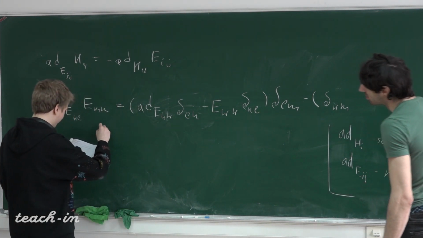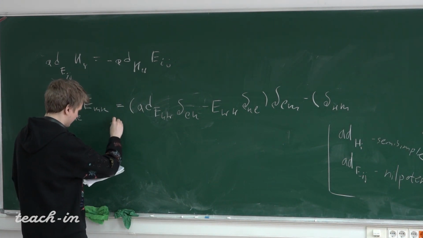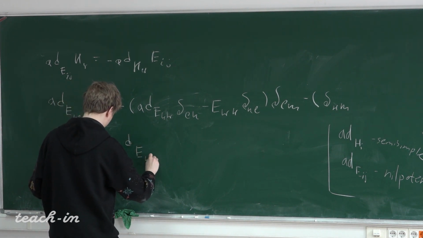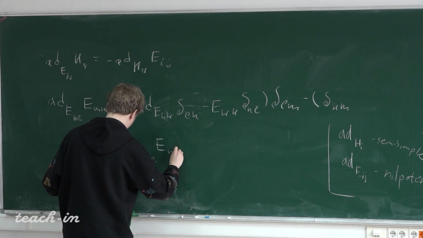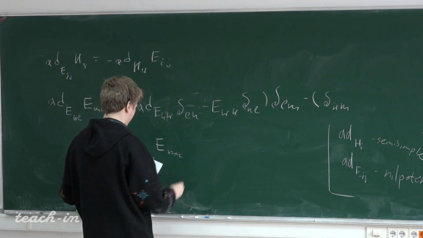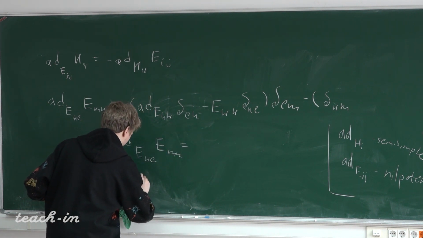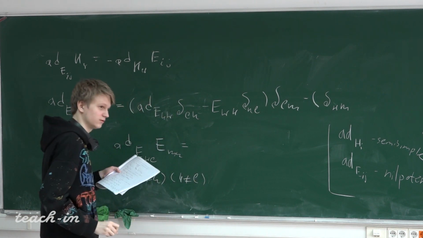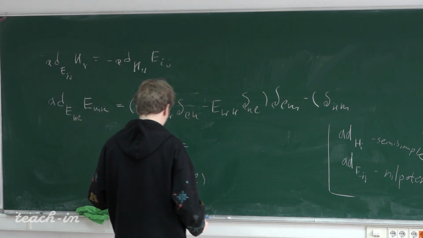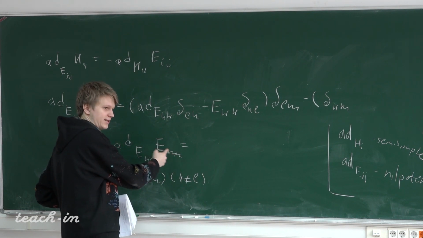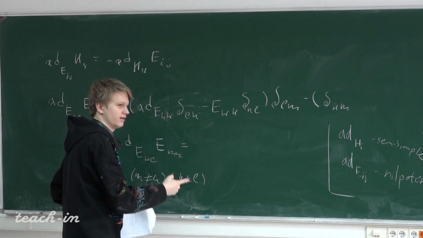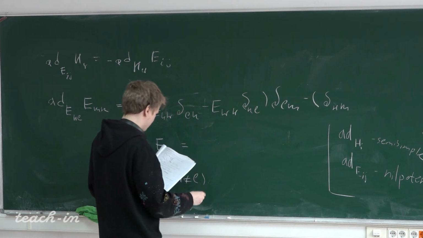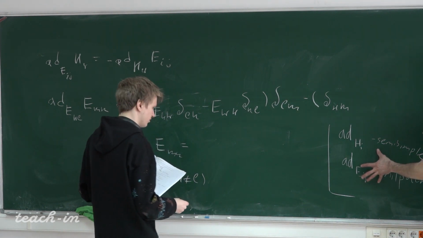So first we act by ad EKL on EMN, and here we have M does not equal N, and K does not equal L, because that's the restriction on EML and on EMN and EKN. So let's agree that we already proved this.